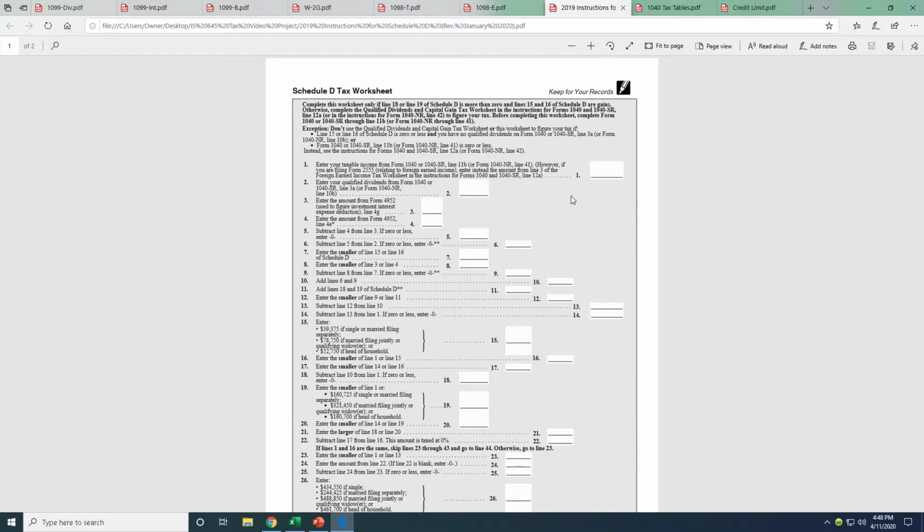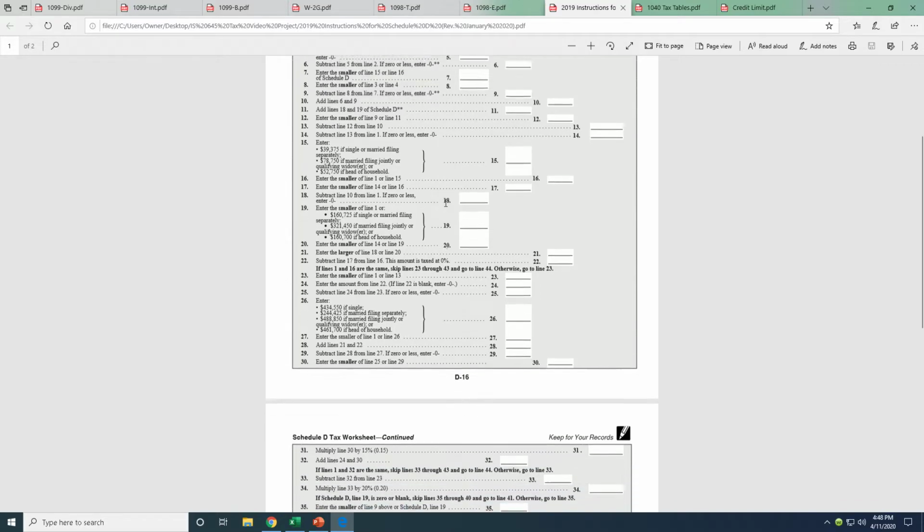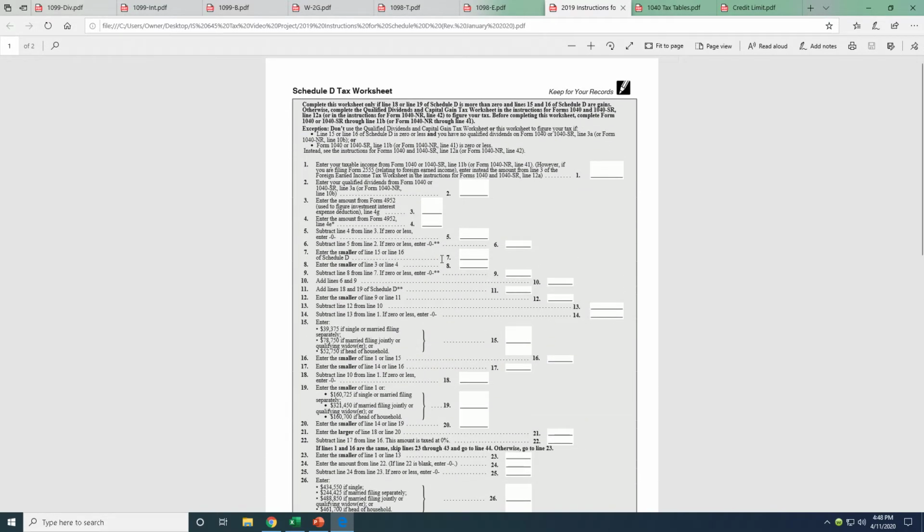Because we have qualified dividends, like I said earlier, they're taxed at the 15% rate. And same with long-term capital gains, they're at the 15% rate. And everything else will be at his tax bracket. So this is where you just start filling out information on this worksheet. You'll get it off the IRS website instructions and go over it.